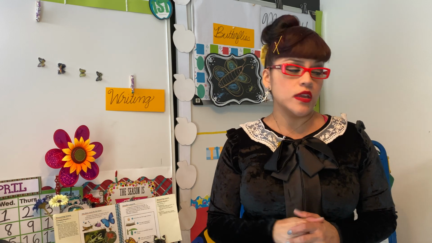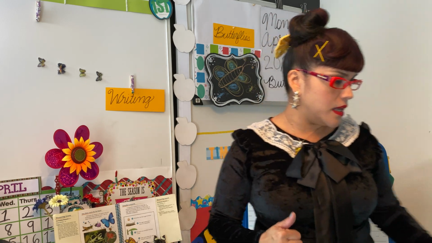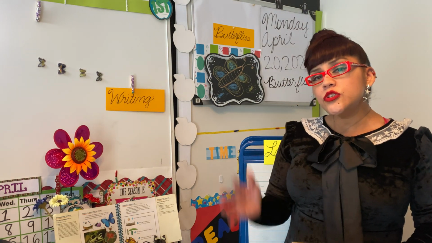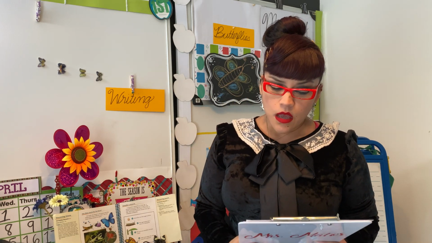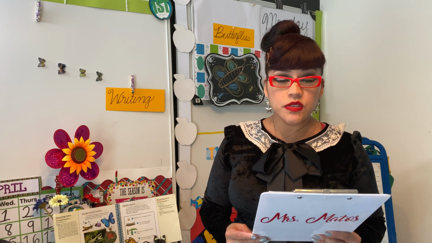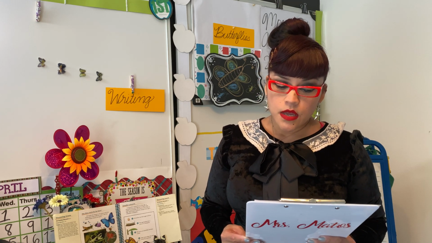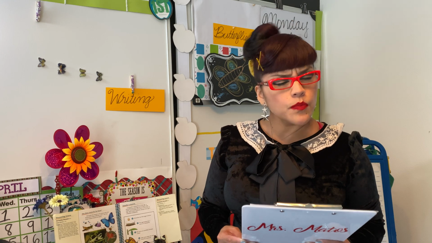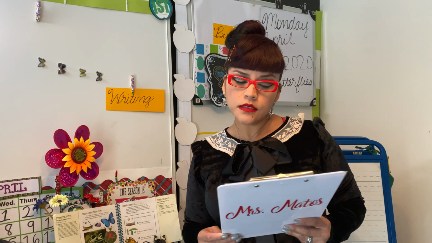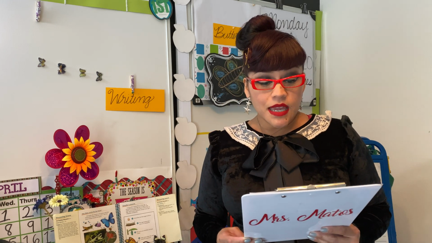I am excited. Let me go ahead and grab my information here. I'm going to read some information to you. Make sure your recorder's on so you're paying attention. God made the beautiful butterflies we see all around us. Did you ever wonder where butterflies come from? Think, think, think. A butterfly begins as a tiny egg.